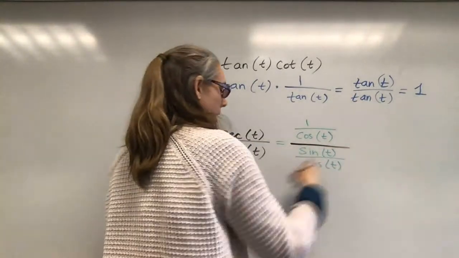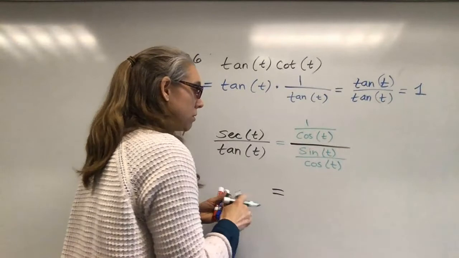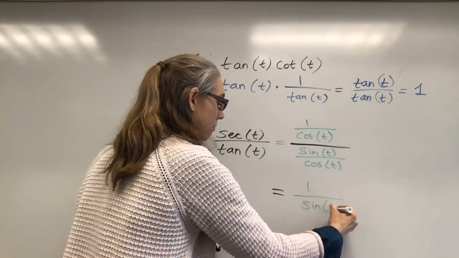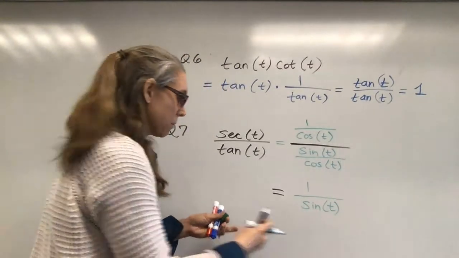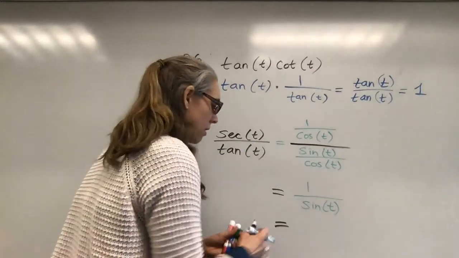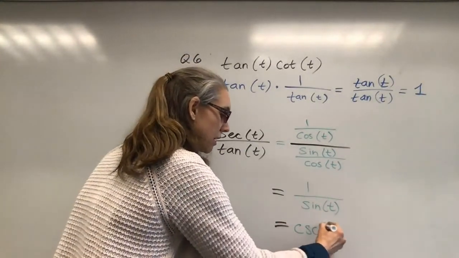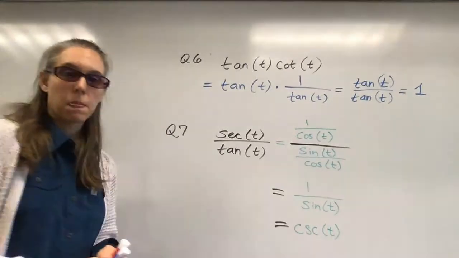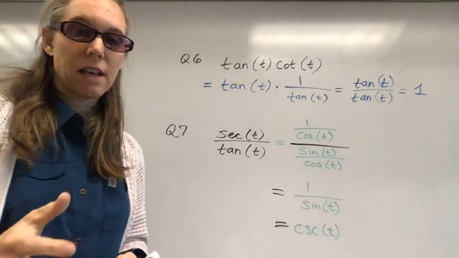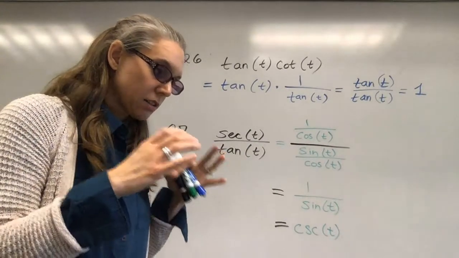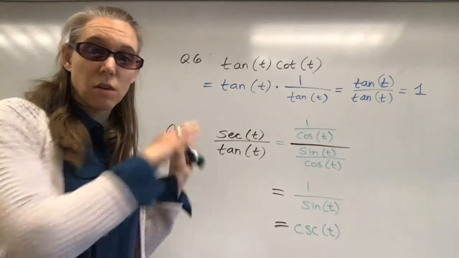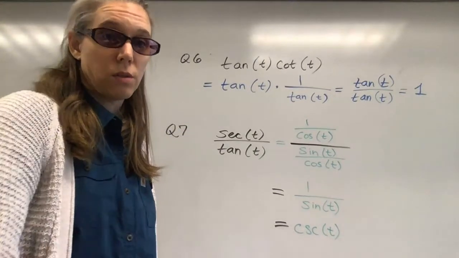And this complex fraction is going to reduce to 1 over sine, which then would simplify, because we want to have no fractions in our final answers, to cosecant of t. So we just keep going back to that page. In your book, it's page 197 that has that green box full of all those fundamental identities, and you do as many substitutions as you need to get down to a simplified result.